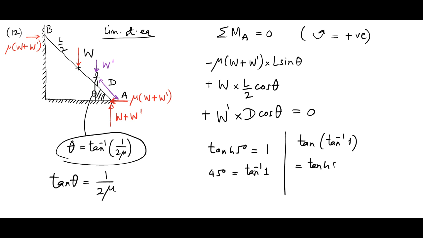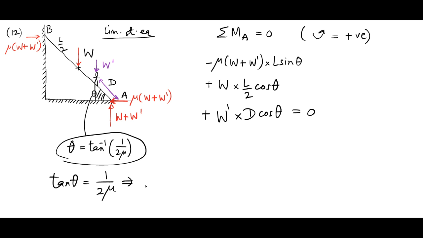It is 45 degrees. Then you get back to the first equation here, so that's equal to 1. So this tan and this tan inverse have an opposite action, and when they follow each other, that is tan of tan inverse, the answer is going to be this particular number which you write over here. So that's why tan of theta is written directly as 1 upon 2 mu over here.